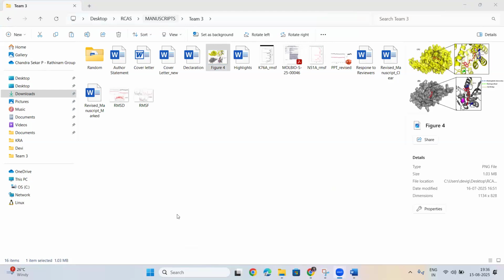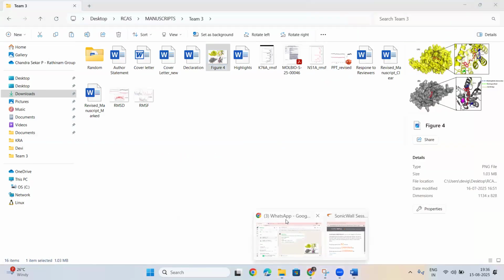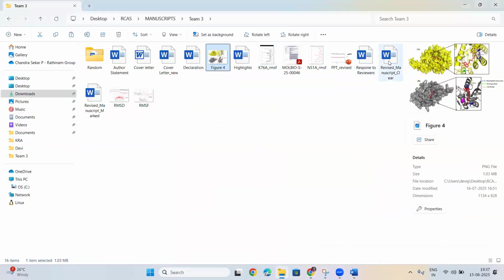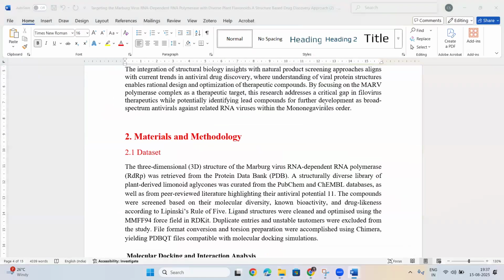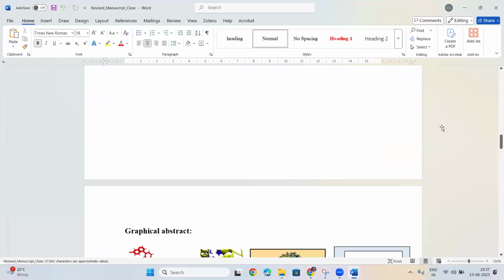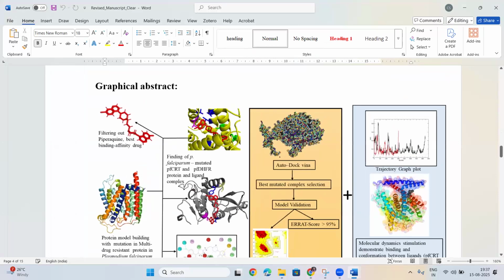Yes, sir. So in their manuscript itself, can you see the graphical abstract? You also have to make the graphical abstract. Yes, sir.